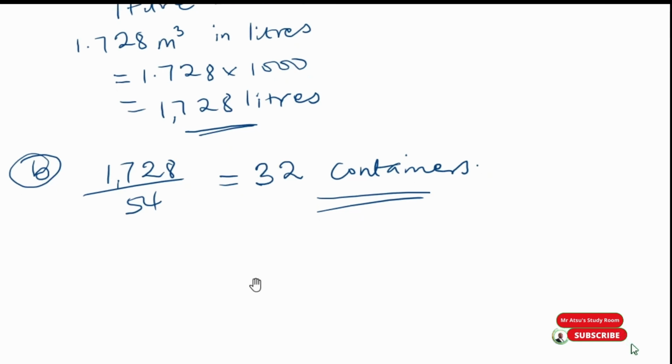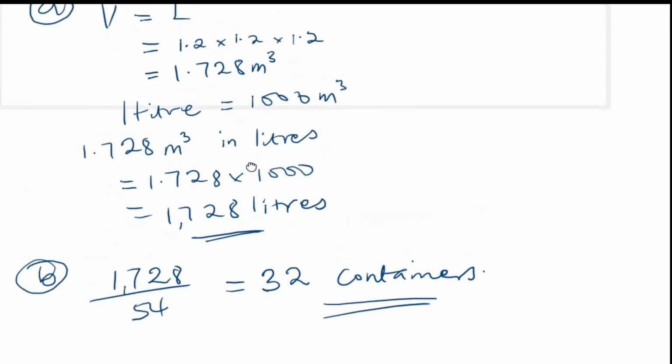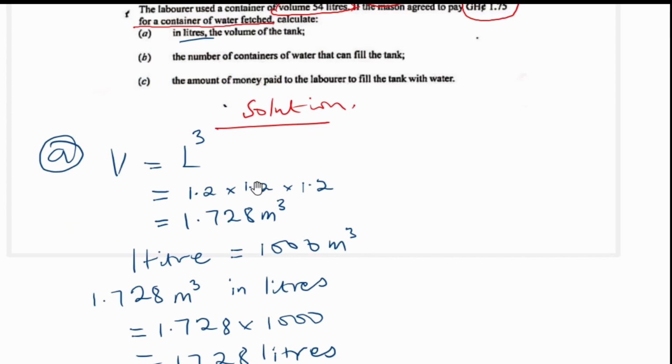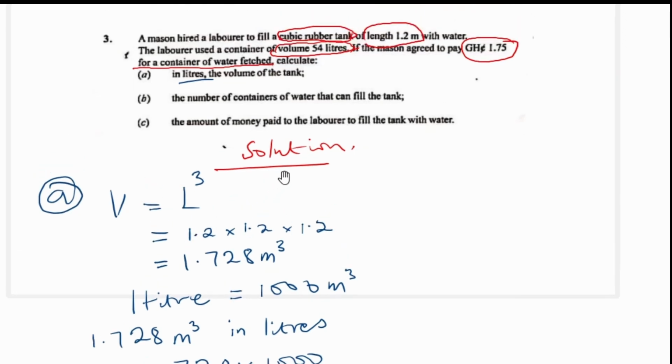of our question. Let's go to the last part, which is the C part. The amount of money paid to the laborer to fill the tank with water. Right. So again, we come back to the question, which is the fourth key fact we took from there, that the mason agreed to pay the laborer 1.75 liters for a container of water.